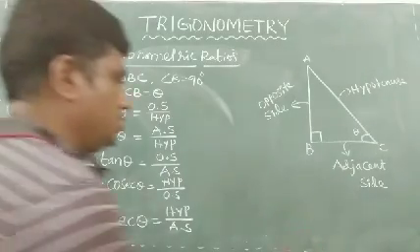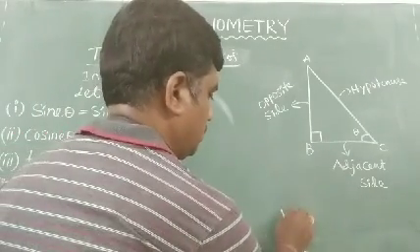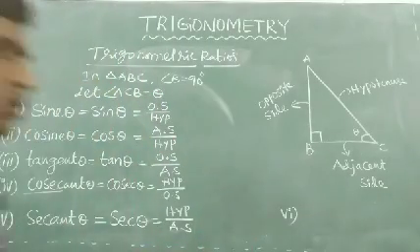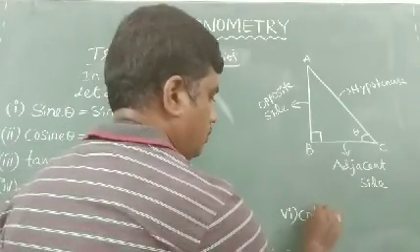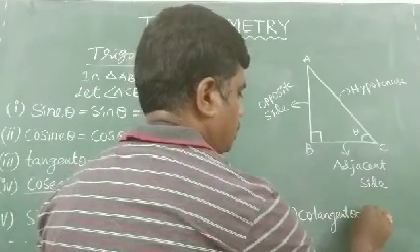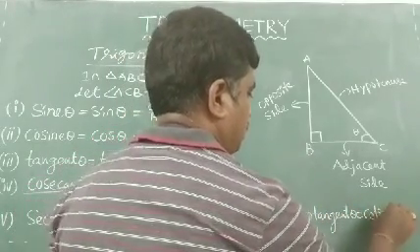So the last one, that is the sixth one, cotangent theta. Shortly we can write as cot theta.